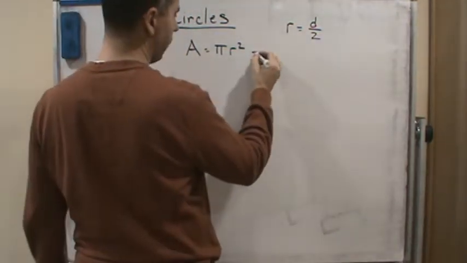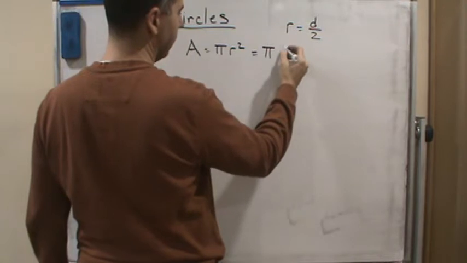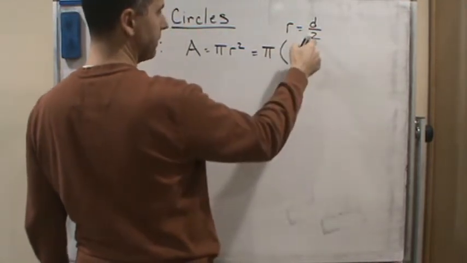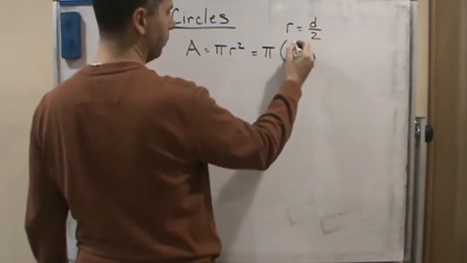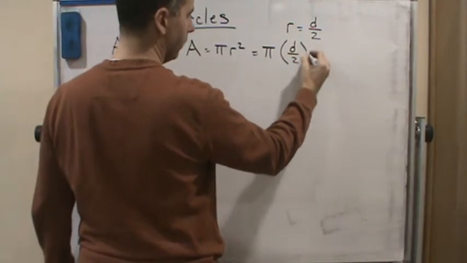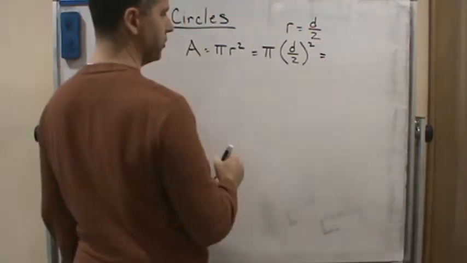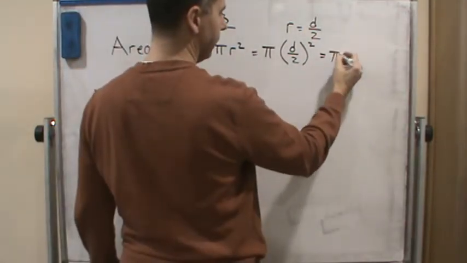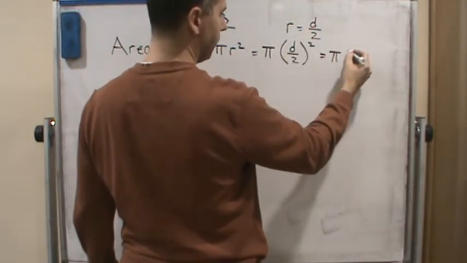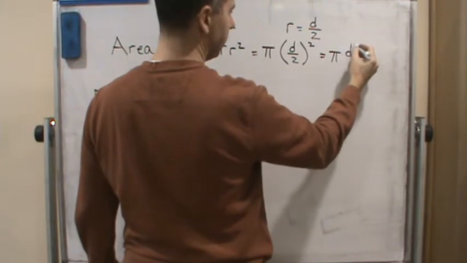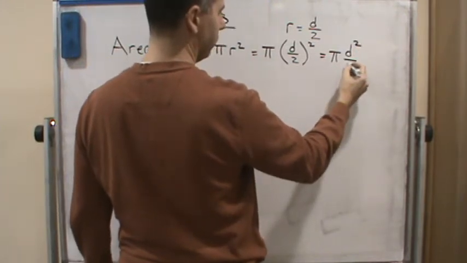So we could just write this as pi times d over 2 squared, right? And so then what happens? This is going to be simplified to pi, and then d squared over 4, right?